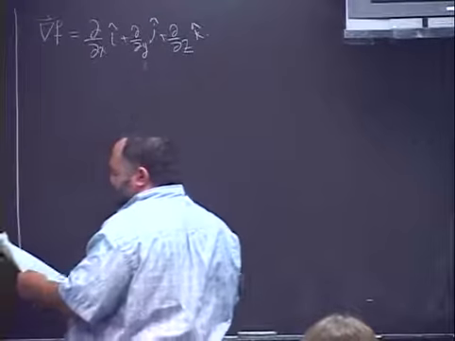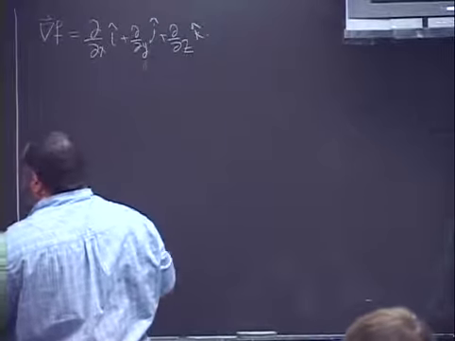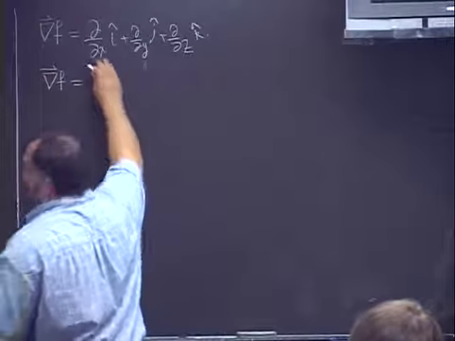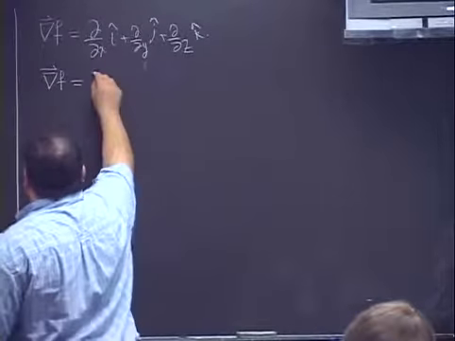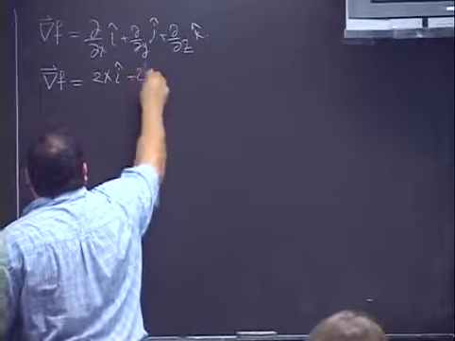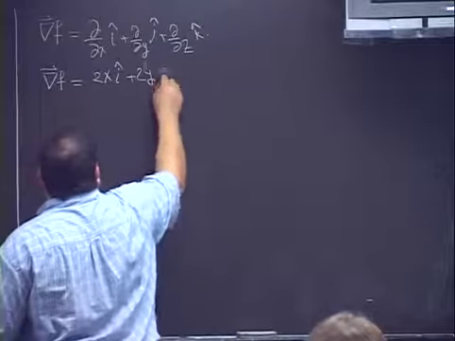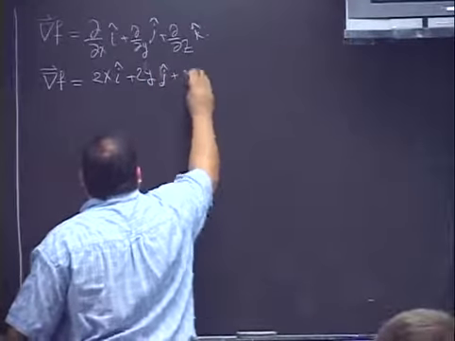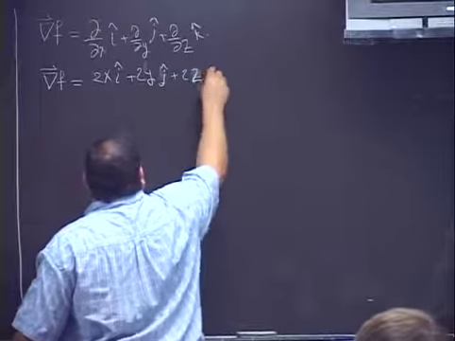And in this case, you will obtain that the gradient of f is a vector: d by dx for this is what? 2x in the direction of i, plus 2y in the direction of j, plus 2z in the direction of k.